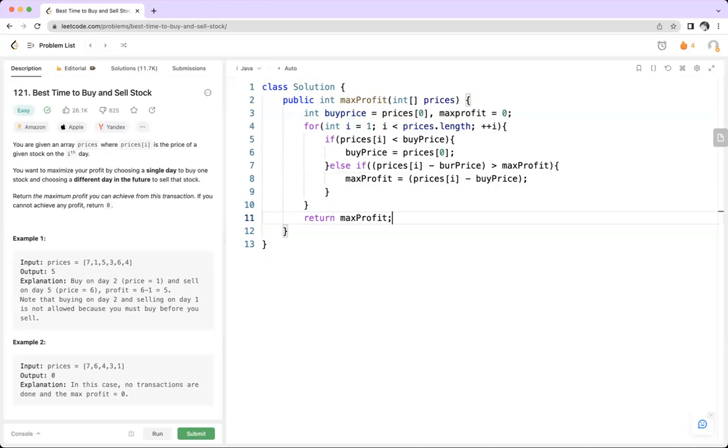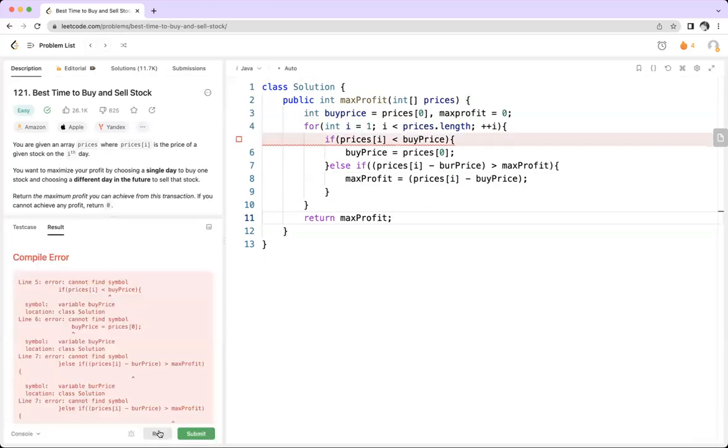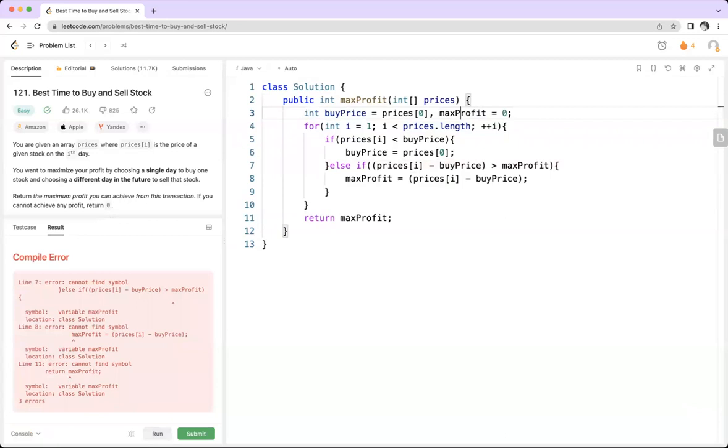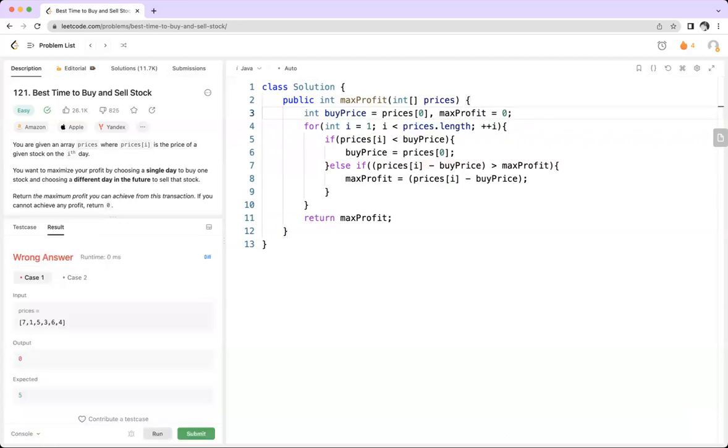Okay, so let's run this solution. Buy price, this has to be capital. We have declared this, perfect. Again, buy price greater than max profit. Oh my goodness, so many times I'm making mistakes.